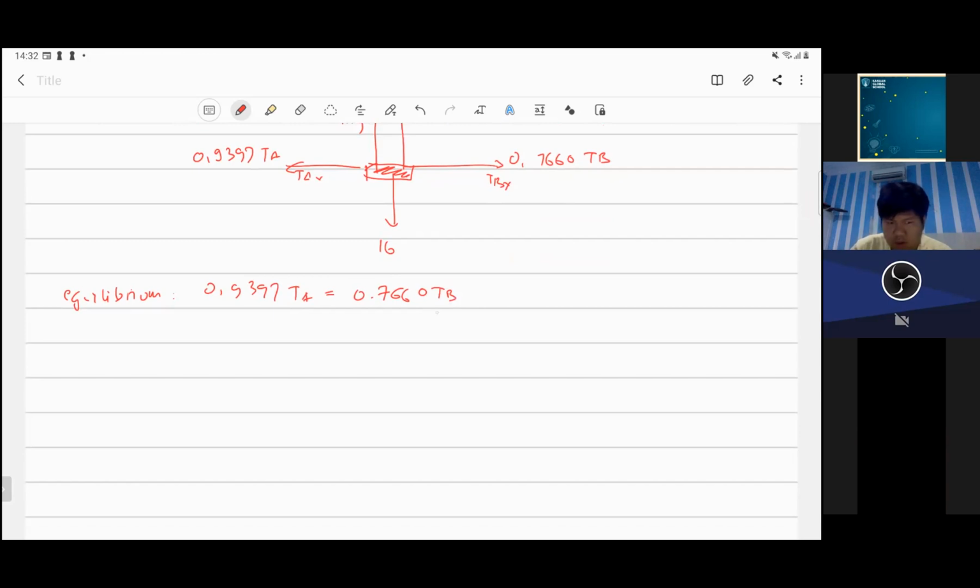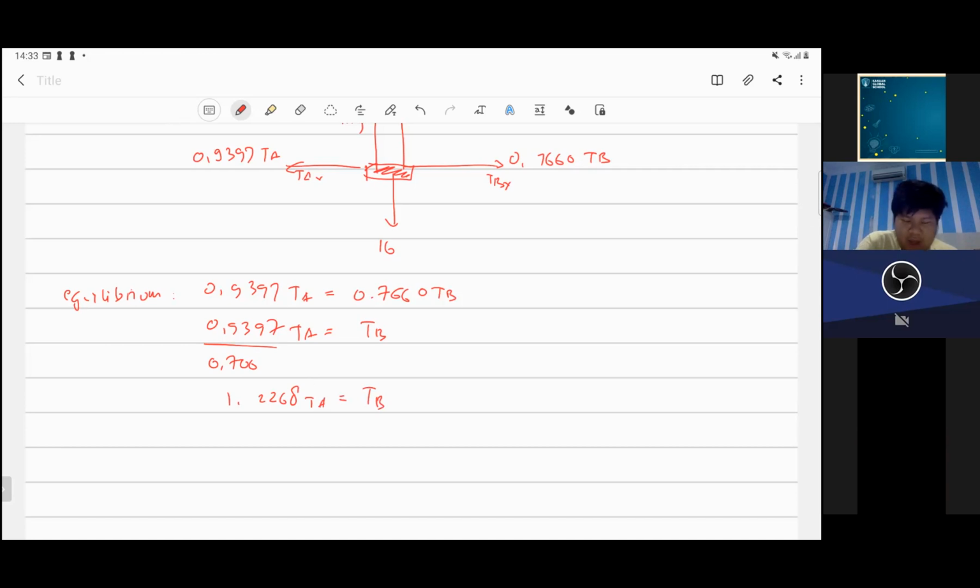So TB equals 0.9397 over 0.766 TA. So 1.2267, 1.2268 TA is TB. Okay. Up until this, any question?